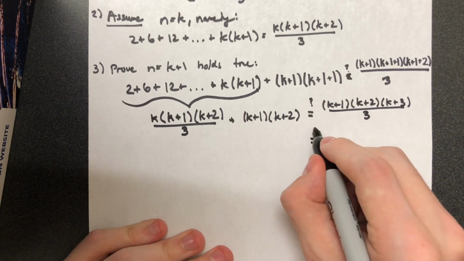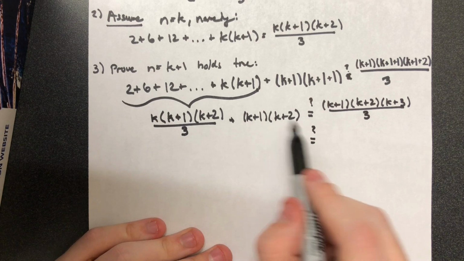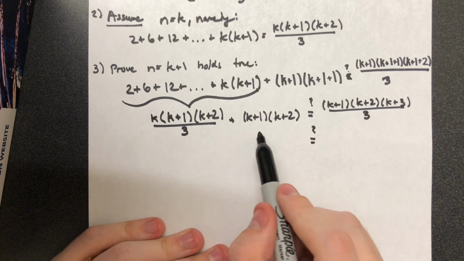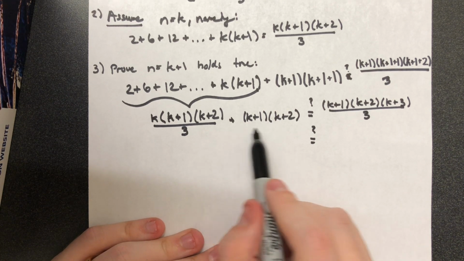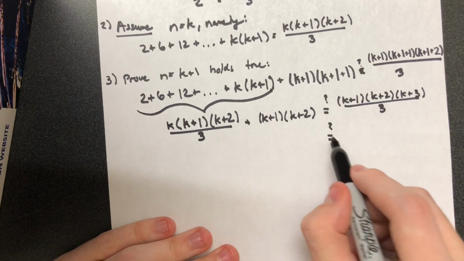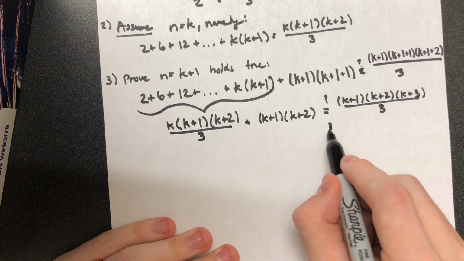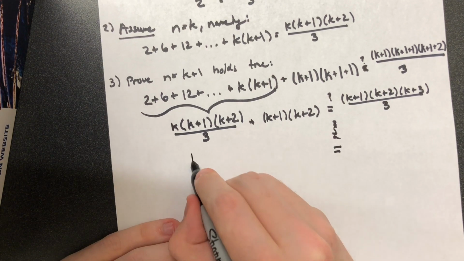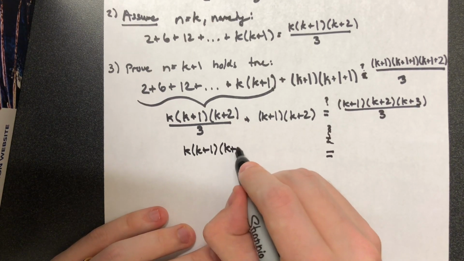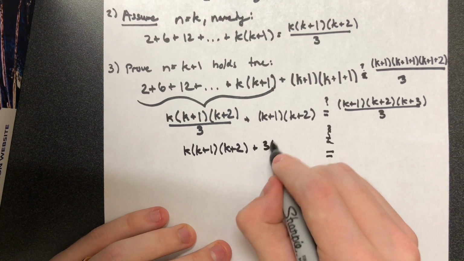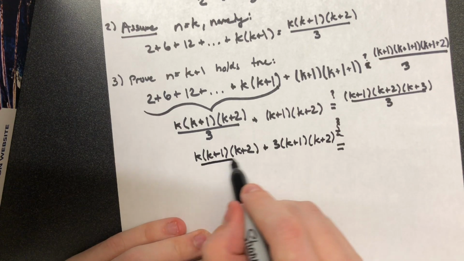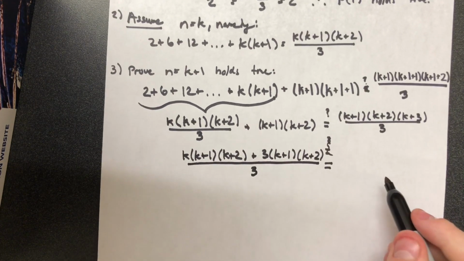And now again, very similar to the last time, we're going to find the least common denominator, so we're going to multiply the numerator and the denominator by 3, which will therefore get us, we're running out of space, it's going to look nasty, k plus 1, k plus 2, plus 3 times k plus 1, k plus 2, all over 3.